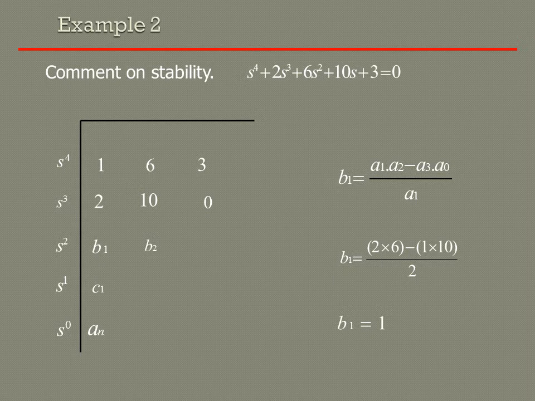Now we have to calculate b1. b1 is equal to a1 a2 minus a3 a0 divided by a1. So that is equal to 2 into 6 minus 1 into 0 divided by 2. So b1 equal to 1.